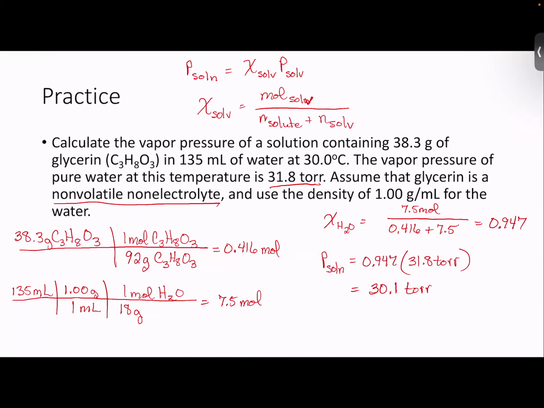The second thing is looking at the moles of each of these two components. The water component was extremely high relative to the glycerin component. Therefore, when I got the mole fraction, the fact that it was 0.947 made sense. Finally, since that is very close to 1, I would expect these two numbers to be very similar. If this had been far removed from 1, then I would have expected this number to be a lot smaller.